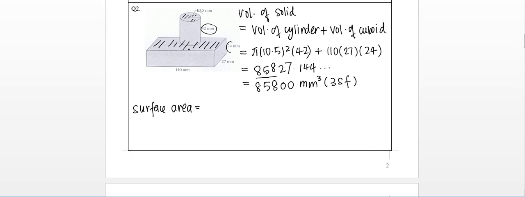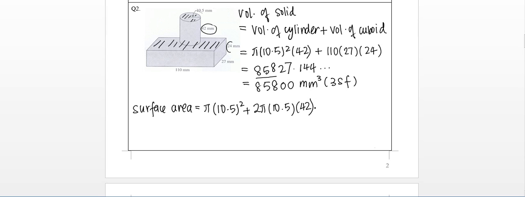I won't be painting what's underneath of it. Hence, for the surface area of the cylinder, I'm only going to take pi r squared and I add it to the curved surface area of a cylinder, which is found by 2 pi r multiplied by its height. Okay, so this is for the cylinder.